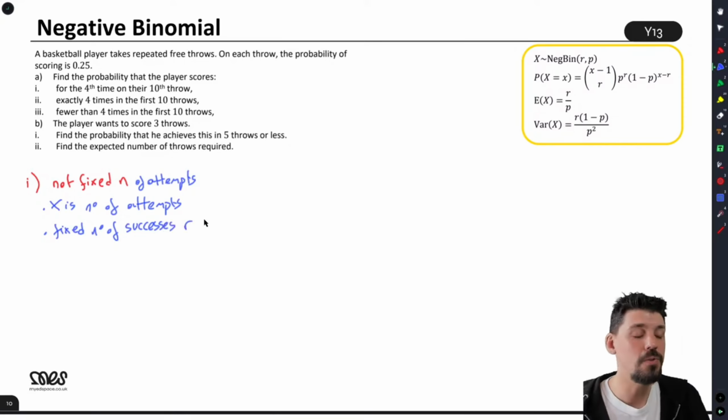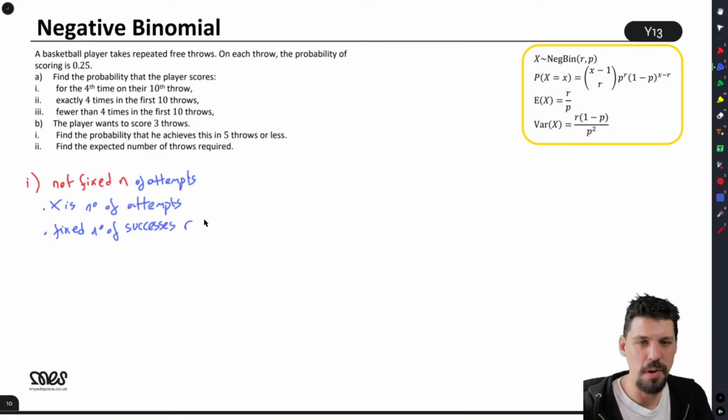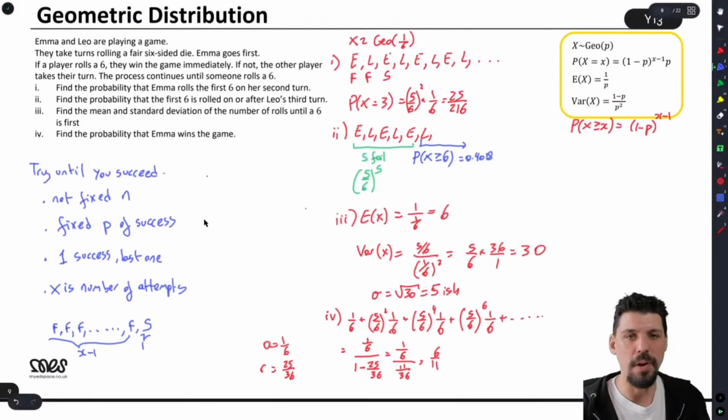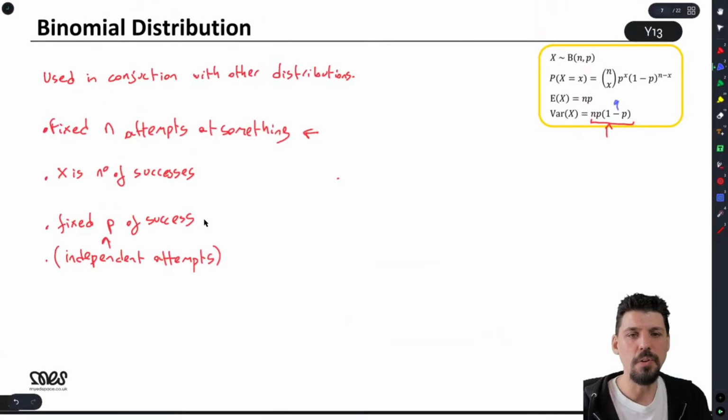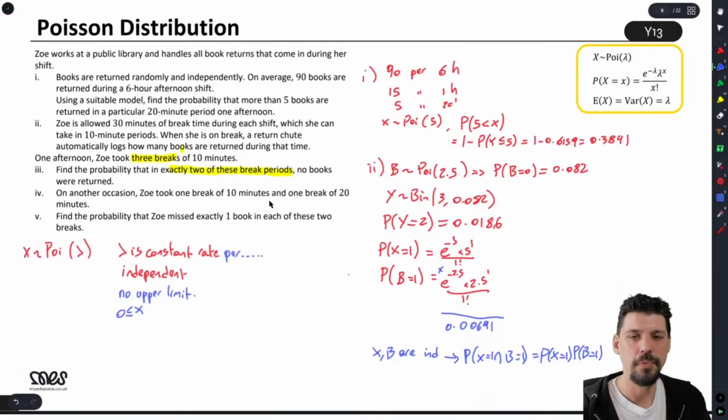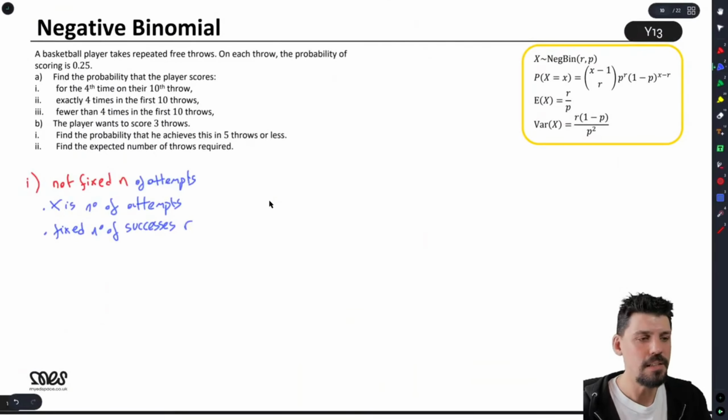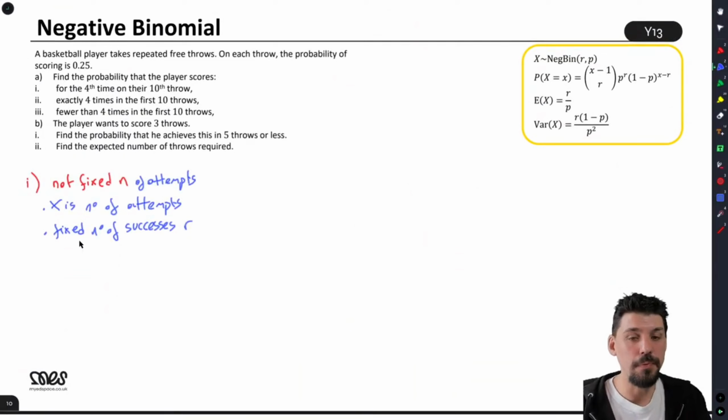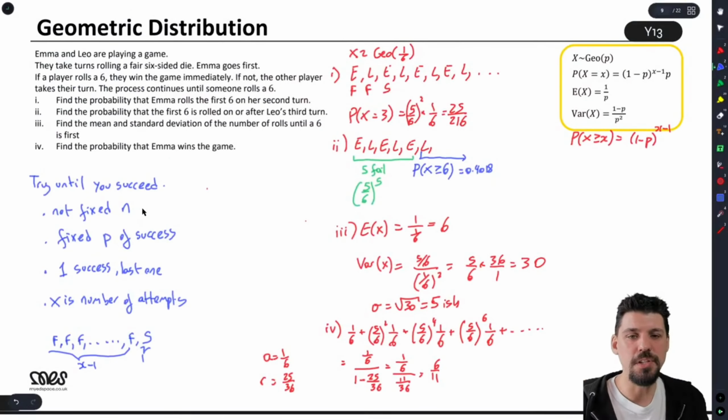So in fact, this is also sort of why it's called a negative binomial. It's the flip of the binomial. The binomial, we have a fixed number of attempts and we measure the number of successes. The negative binomial is we've got a fixed number of successes that I want to achieve, and x is the number of attempts required. And it's also like the big brother of the geometric.